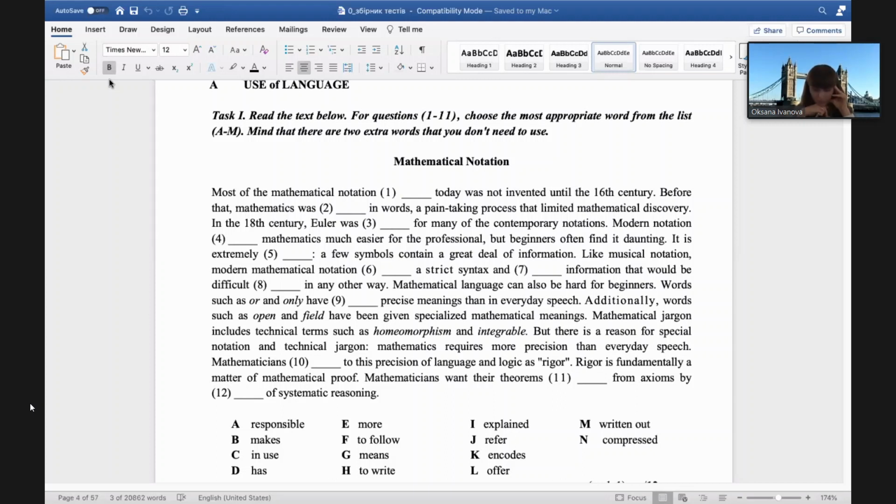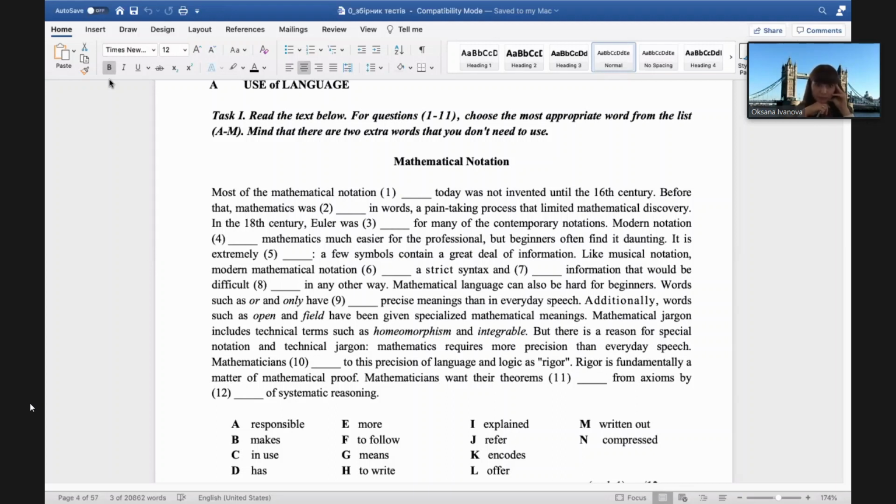So it was written out. Because the meaning of written out is переписувати, розшифровувати. Тобто тут більше розшифровувалося словами. Саме оці символи розшифровувалися словами. That is why the preferable variant is M. I do agree.